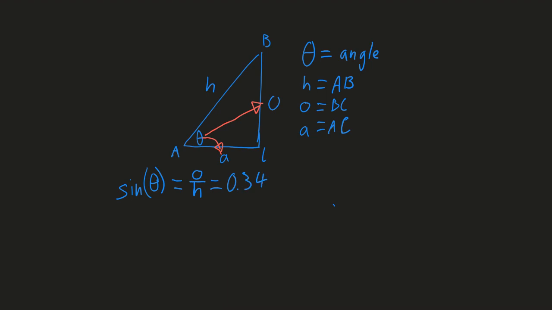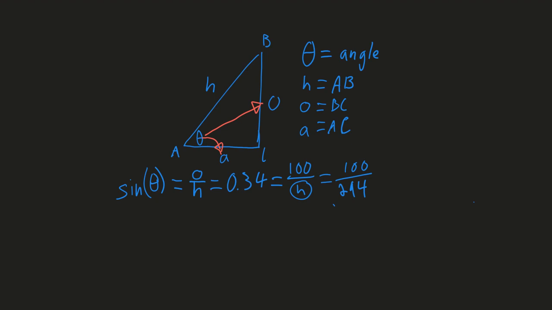So no matter how big my opposite gets, let's make it 100 just for fun, then this hypotenuse is always going to make it so that we get a ratio of 0.34. So actually, it's going to be 100 over 294, or abouts. If you plug it in the calculator, you'll find that that's a ratio of 0.34. So I can change all of these different sides around, but the ratio between the sides is going to stay consistent. So sine is one of these.